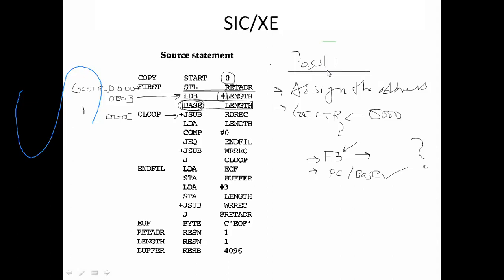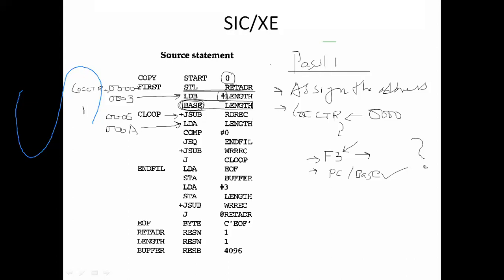When there is a plus present, it's an extended format instruction, right? Somebody answered, good. Extended format means format 4. What is the size of format 4? 4 bytes. So how much are you supposed to add? 4. So 0006 plus 4 is 10. So it is A.